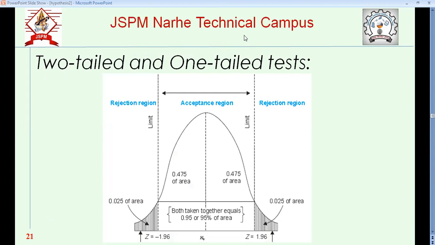So this diagram is a standard distribution curve. We can see this. If you see this curve at the center, there are more chances, more number of samples. You should be near the center.